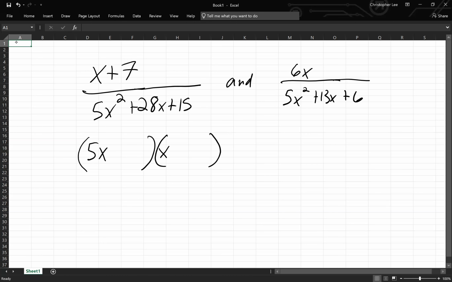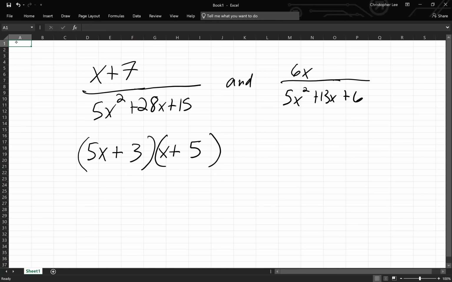No, that ain't it. I'm trying to get that 28. I know both of these are gonna be positive. So this would be 25, this would be 28. All right, there we go.